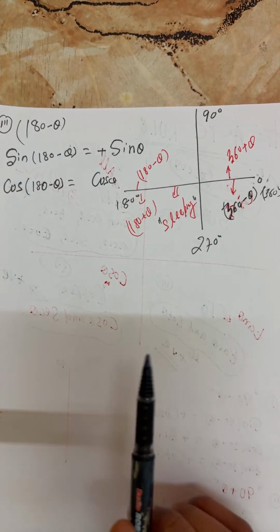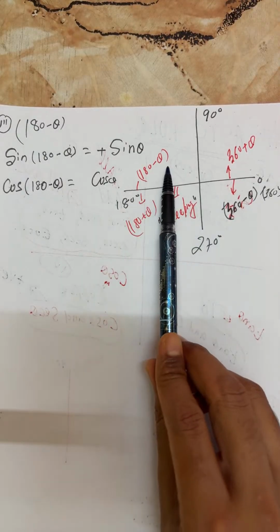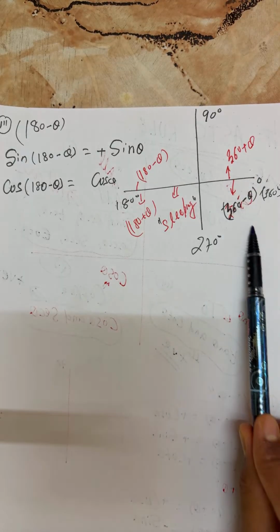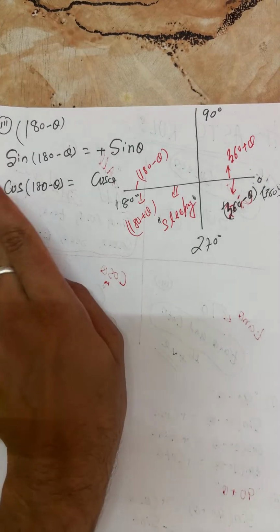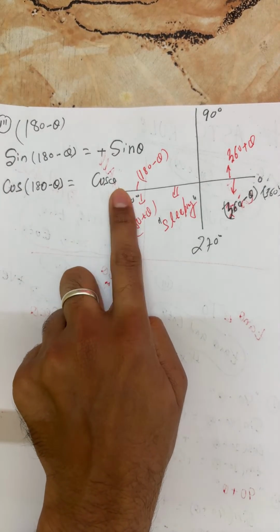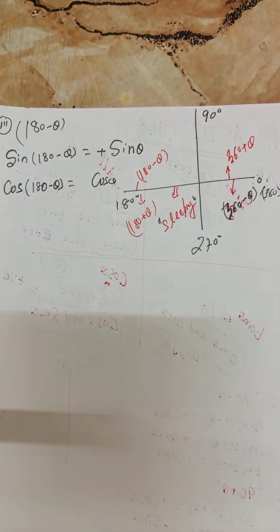This is the first trick, kids. If you are lying on this horizontal line, 180 minus theta, 180 plus theta, 360 plus theta, 360 minus theta, the function will not change. Keep in your mind that the initial function will come as it is. We apply the sign conventions according to the initial given function.